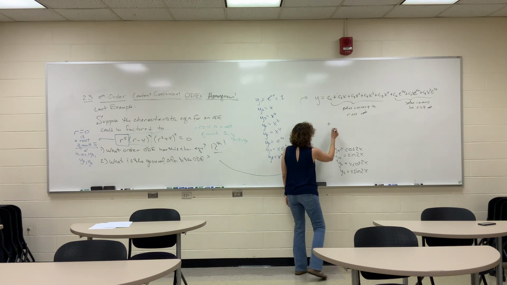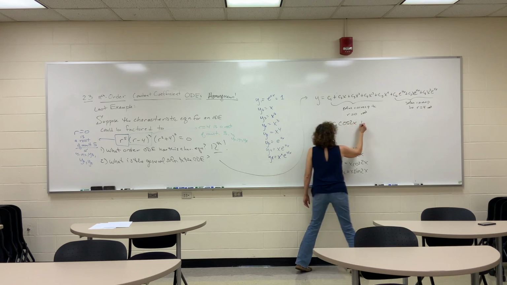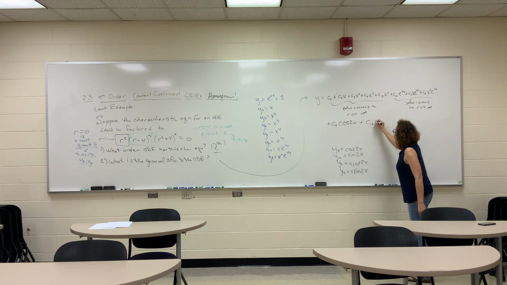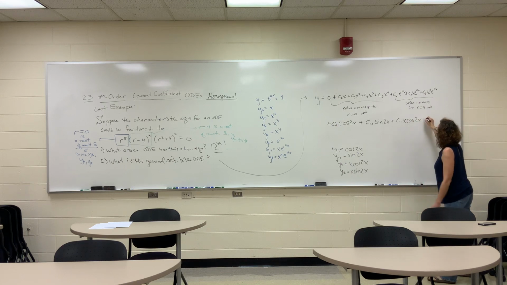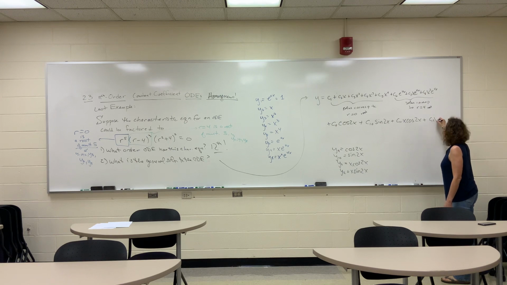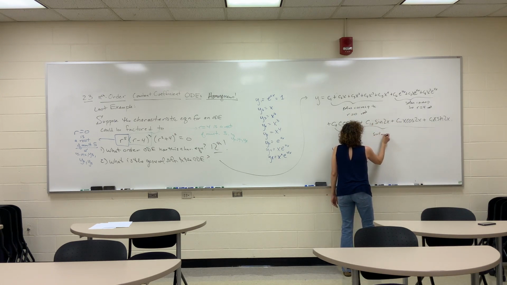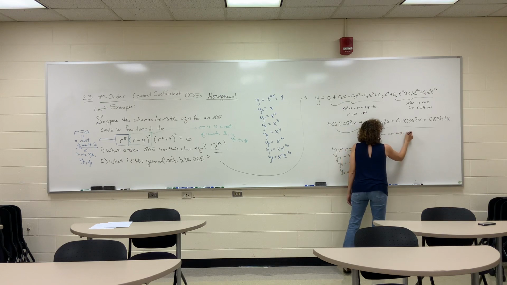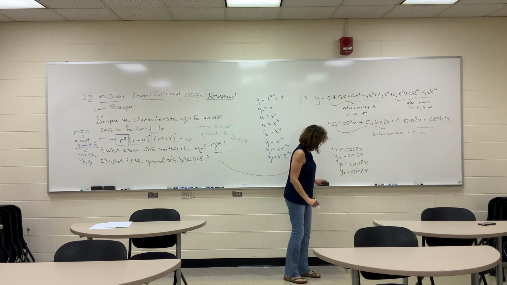All of these guys: C9 cosine 2x plus C10 sine 2x plus C11 x cosine 2x plus C12 x sine 2x. And these guys are solutions corresponding to our root of plus and minus 2i, and because we had a multiplicity.